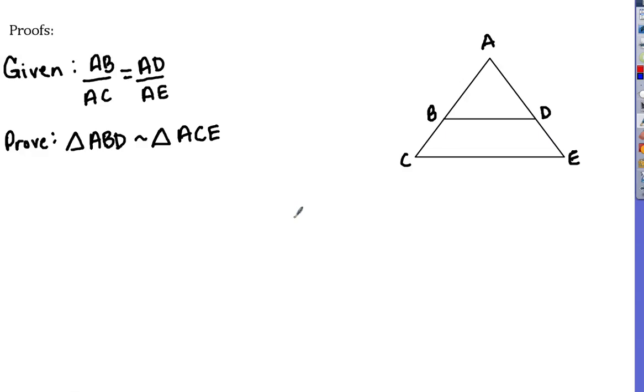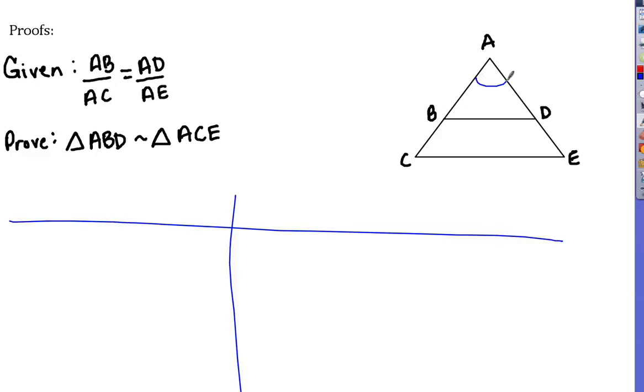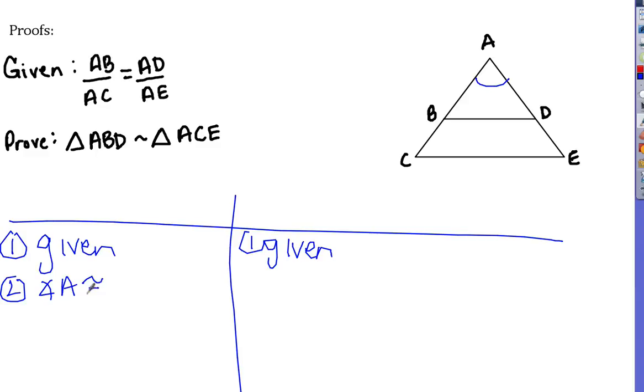If you want to do this proof, you can pause it and try it on your own. I'm going to show you how to do the proof. So looking at the picture, I already see that I have angle A. Let me write my given out. Angle A in the smaller triangle, ABD, is the same angle A that's in the larger triangle, ACE.